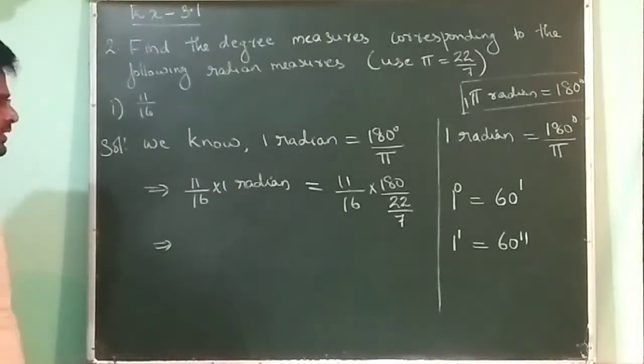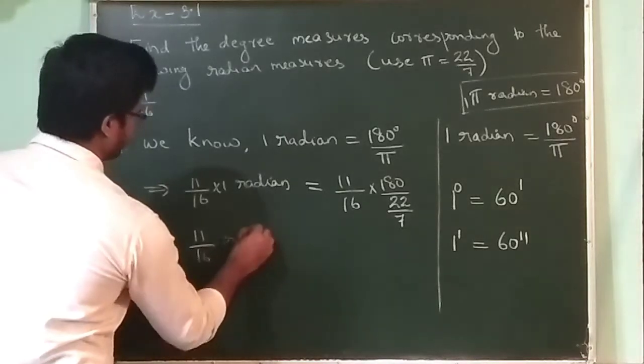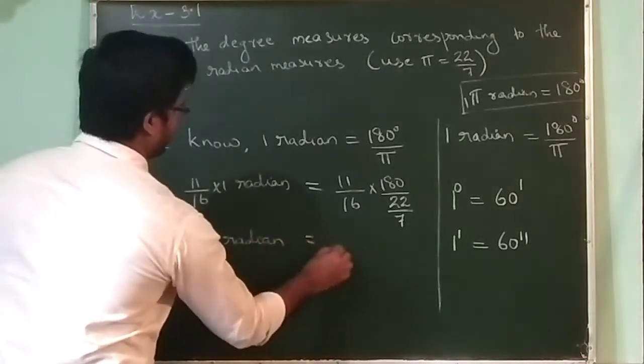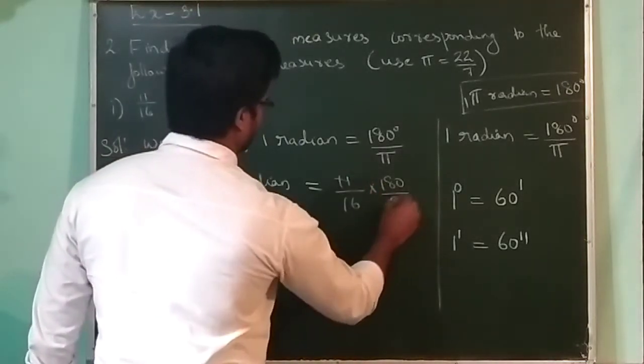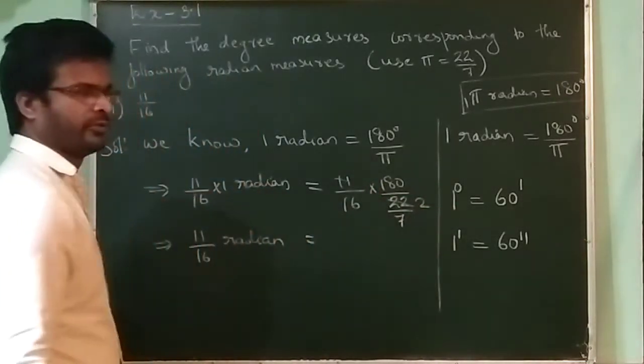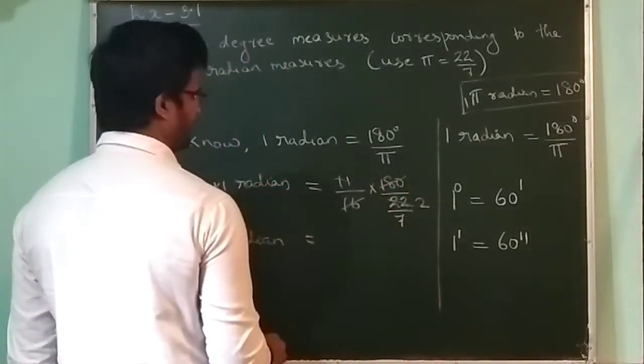11 into 1, 11, isn't it? 11 by 16 radian equal to, cut this 2 in 22. How many times 11? 2 times, isn't it? And then 16 and 180.